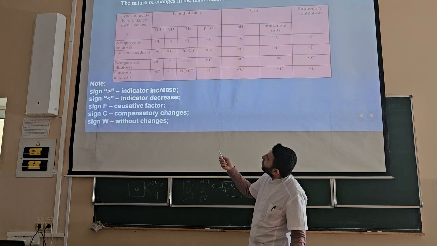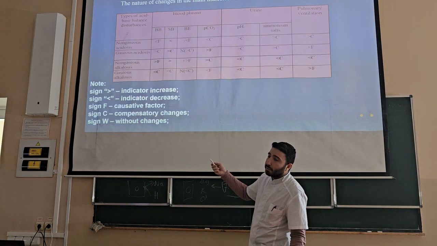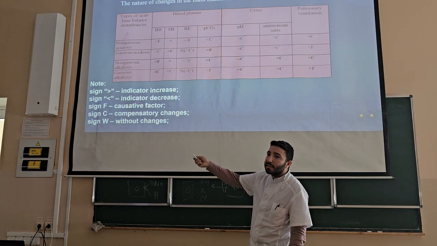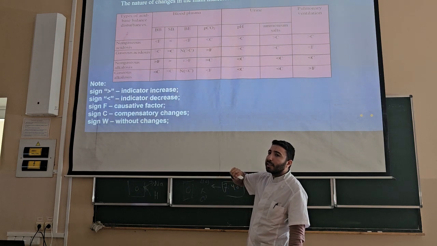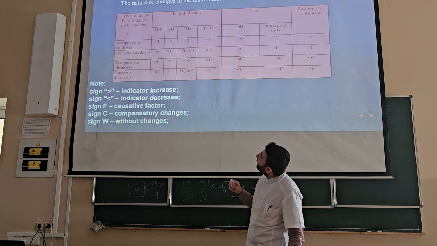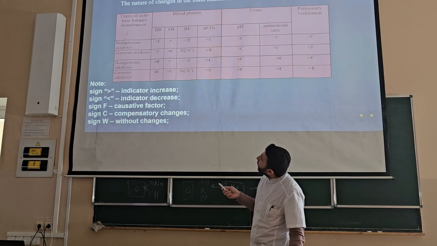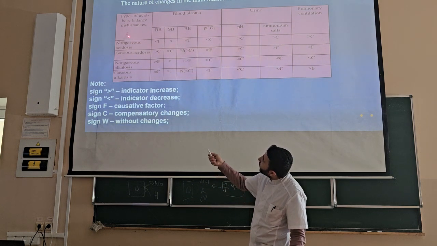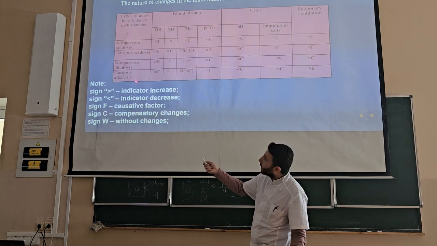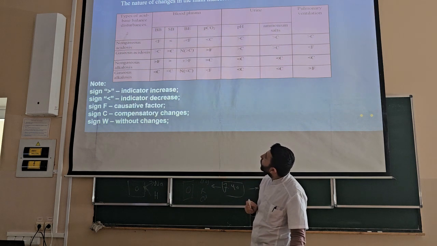Type of acidosis: non-gaseous acidosis, because we spoke about two types, gaseous and non-gaseous, yes, breathing or other disorders. Here, you will see non-gaseous and gaseous acidosis, non-gaseous alkalosis and gaseous alkalosis.